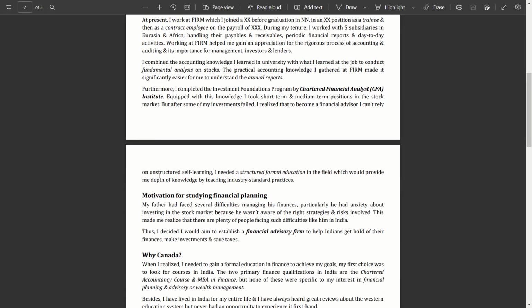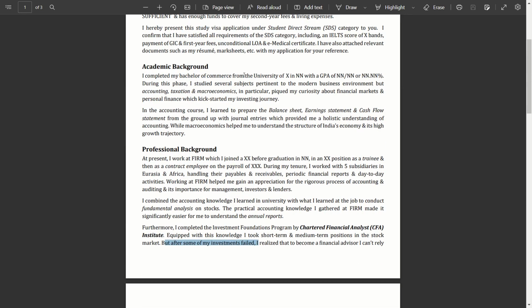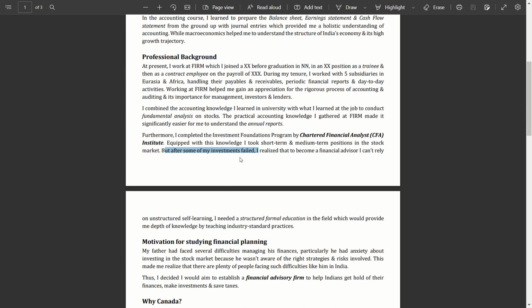Next, here I have mentioned that some of my investments failed. Earlier I had mentioned that it kick-started my investing journey, but later some of my investments failed. What this helps to do is to mention that I can't do unstructured learning, and I need a structured format like the financial planning program in Canada, because that is a structured course.